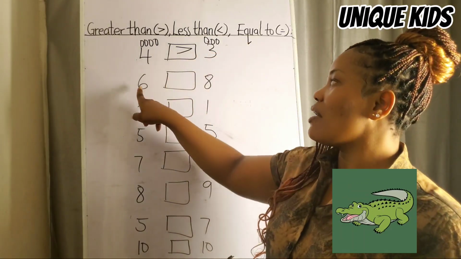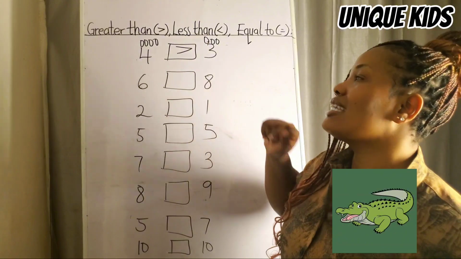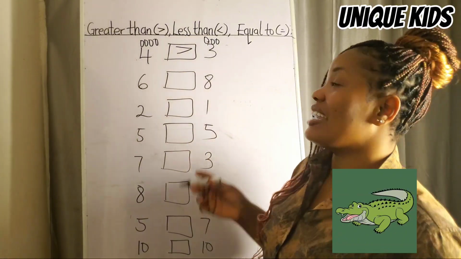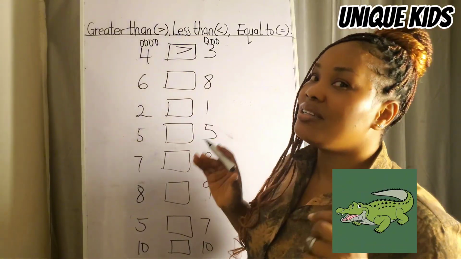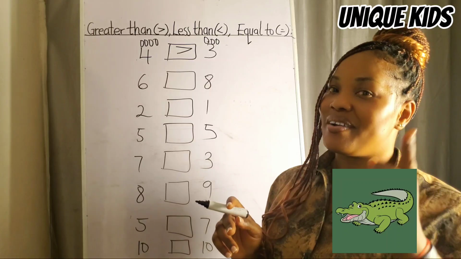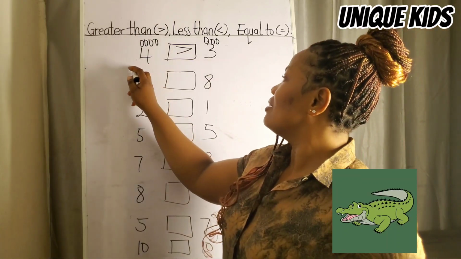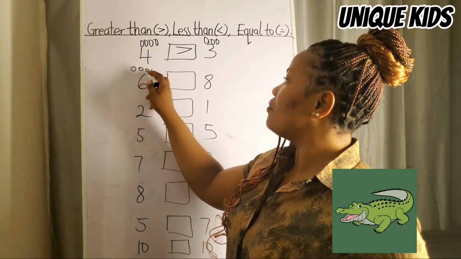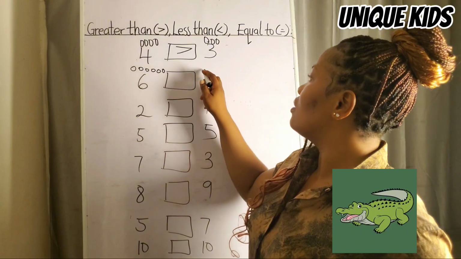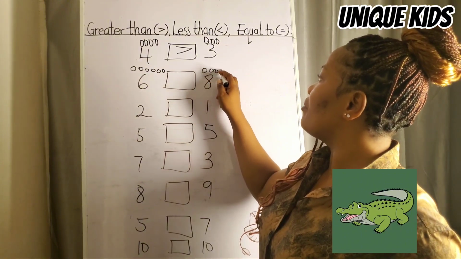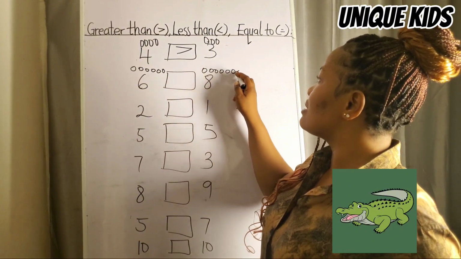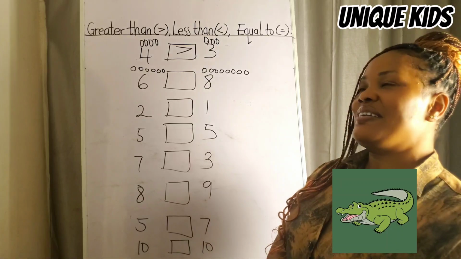Okay, so let's go. We have 6 and 8. Let's try. I don't know. When we are done, we'll get the answer to know if you are right or wrong. 1, 2, 3, 4, 5, 6. 1, 2, 3, 4, 5, 6, 7, 8.